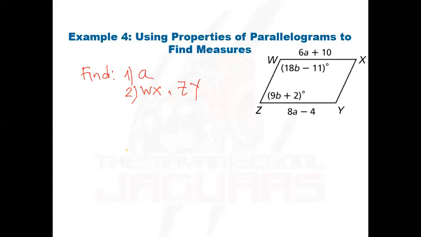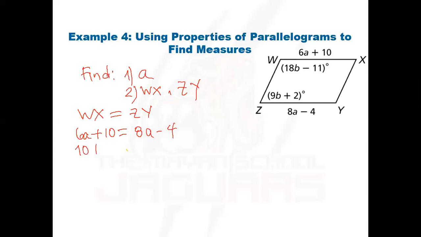So WX is equal to CY. And I know that WX is 6a plus 10, and CY equals 8a minus 4. So these two expressions are the same. So to solve them, we can put together variables on one side and numbers on the other side.